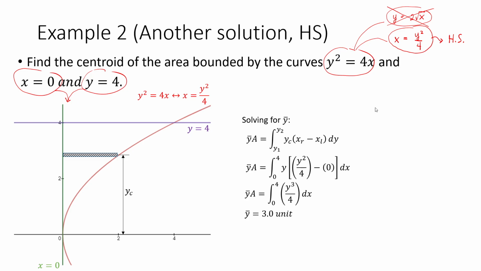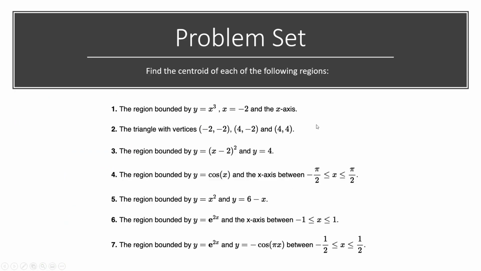All right, so I think that's it for today if you don't have any further questions. The problem set is up in Canvas. If you're going to create your graph, make sure that you provide solutions as well as solutions for your points of intersection.